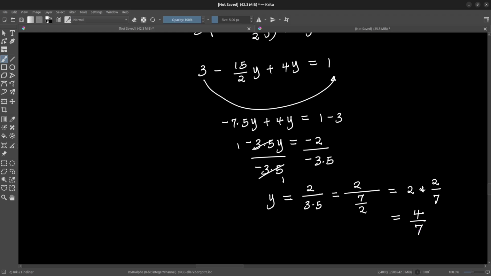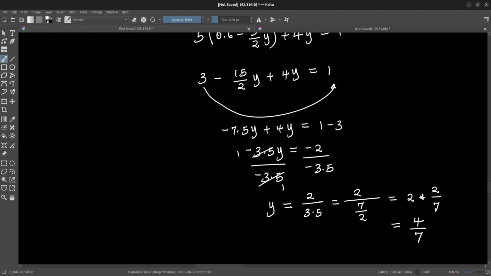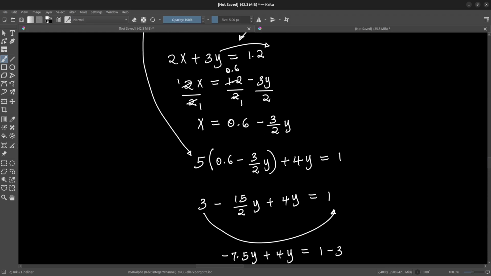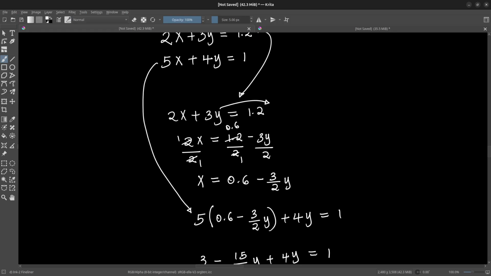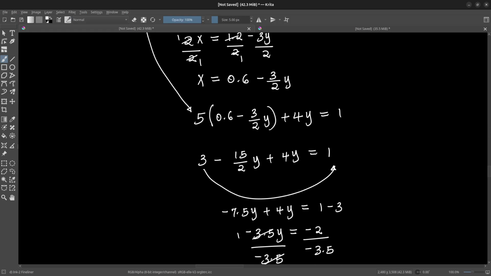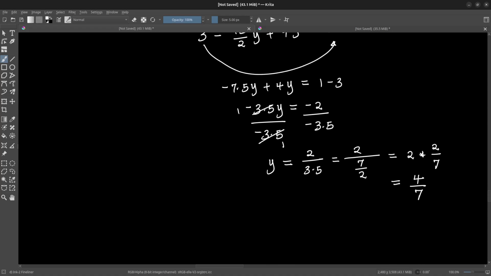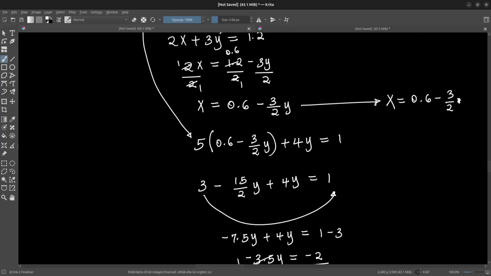Now that we have the value of y, remember we had x in terms of y, right? We had it right here. So x is going to be 0.6 minus 3 over 2 times y, and we've just found out that y is 4 over 7.